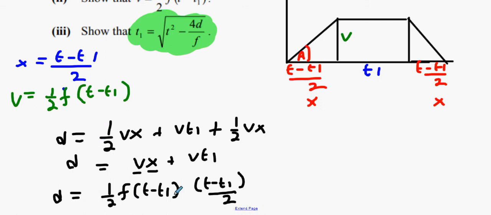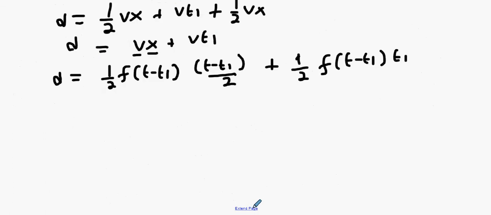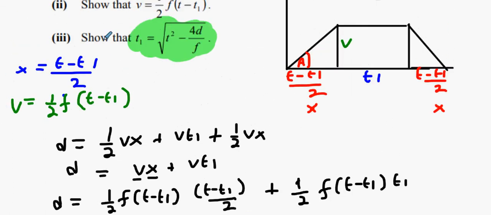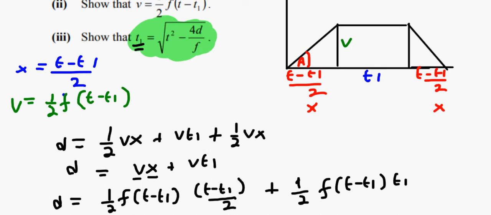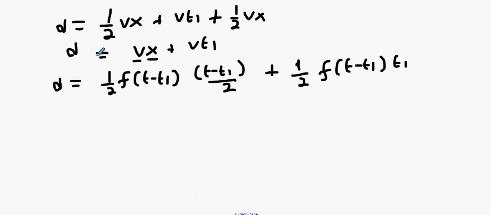That's plus VX, isn't it? And VT1 is going to be VT1. So half f (t minus t1), then another t1 behind that again. The variable you're looking to isolate is t1. You want t1 on its own, so t1 on its own is where you're going for.